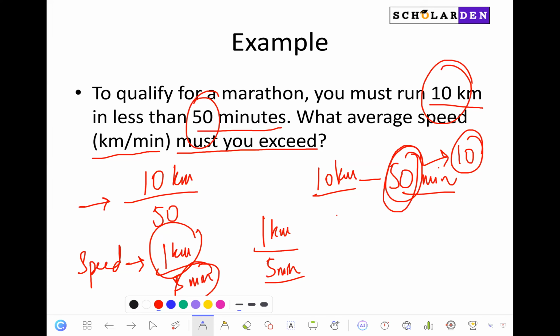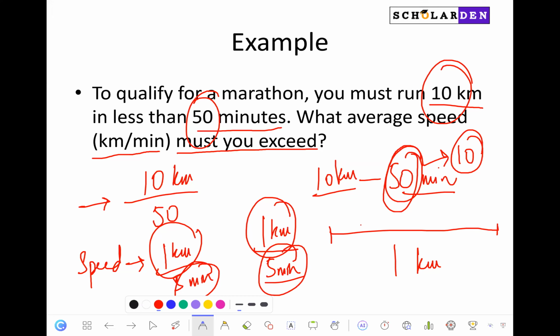So I have 1 kilometer. This entire quantity is 1 kilometer, and I divide it into 5 equal chunks. Why 5 equal chunks? Because I've got 5 minutes. If I want to maintain a constant speed, I need to cover the same distance across 5 chunks so that I cover the entirety of this 1 kilometer. So what times 5 would result in 1?